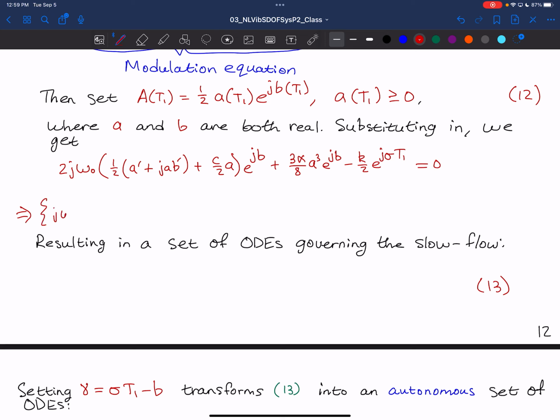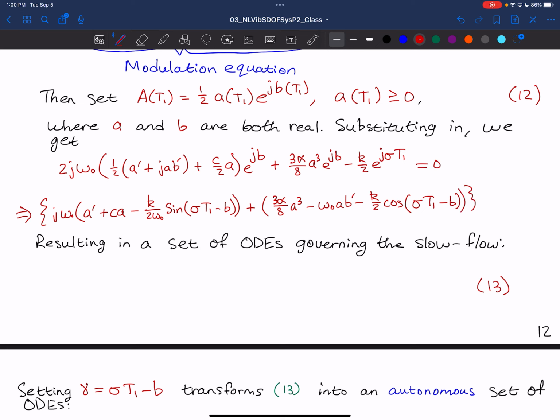We'll get jω0 times A' plus cA minus k/(2ω0) times the sine of (σT1 minus B), plus the quantity 3α/8 times A³ minus ω0 A B' minus k/2 times the cosine of (σT1 minus B).